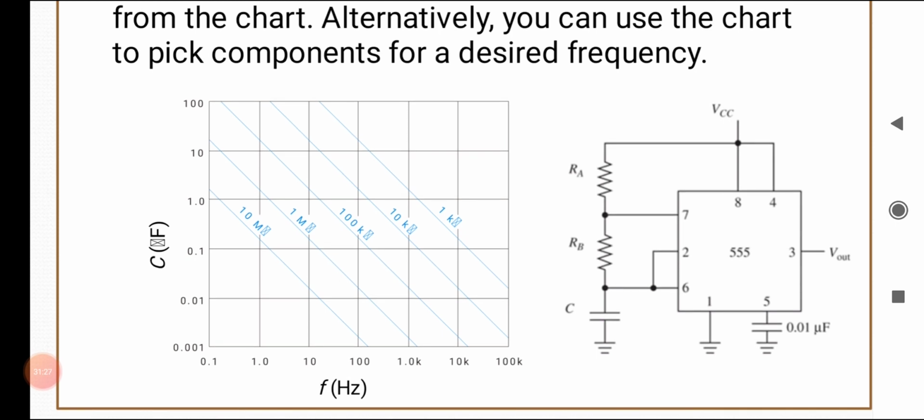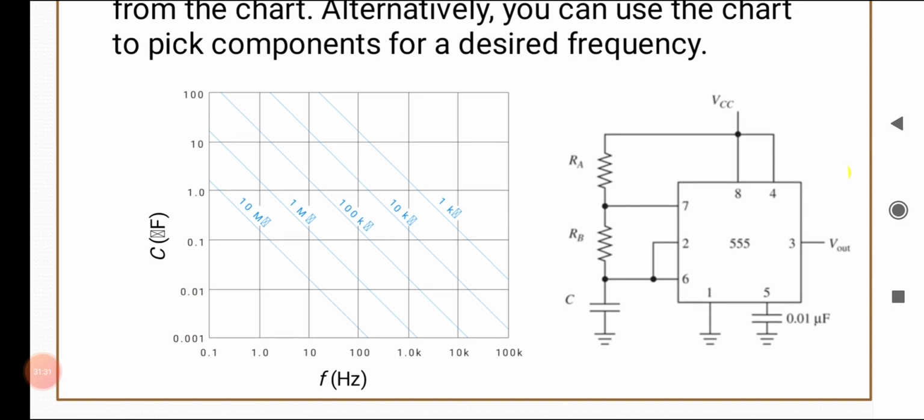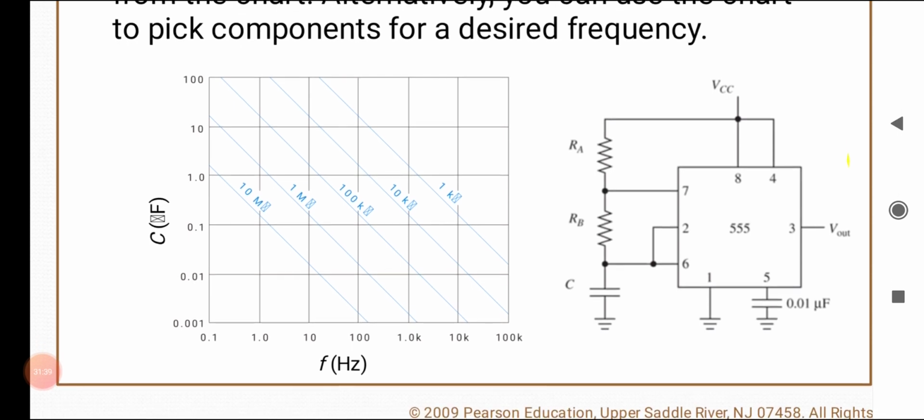Pin 3 is the V out. Pin 5 is connected with a capacitor of 0.01 microfarads. Pin 1 is grounded. The timing capacitor is connected between pin 6 and pin 1.